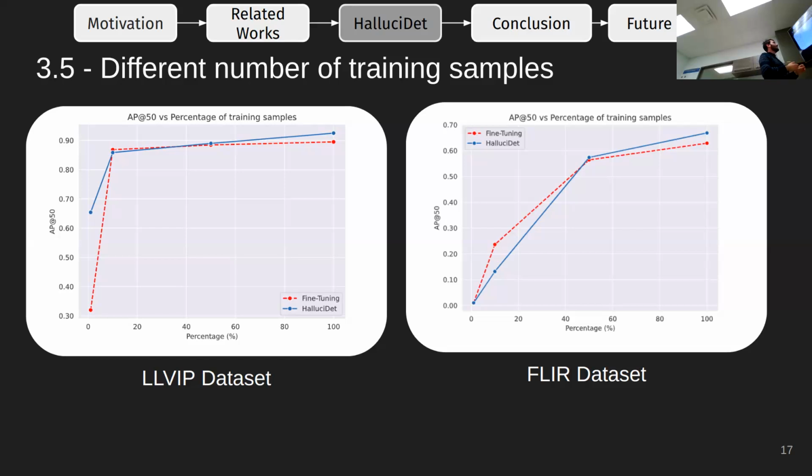It's interesting that for LIVIA-ETS, with around 20% of the samples, we are close to the fine-tuning, and with around 40% we beat the fine-tuning. And for the FLIR ADAS, we are close to the fine-tuning, and around 50% we are better. So if we reduce the number of training samples, we can also be better than the fine-tuning. This is pretty interesting.